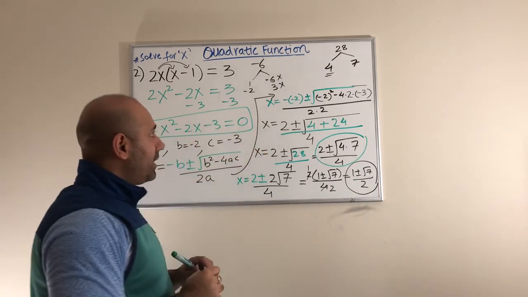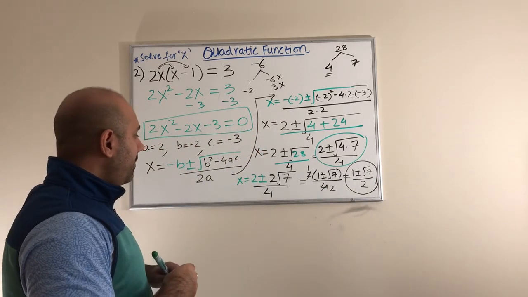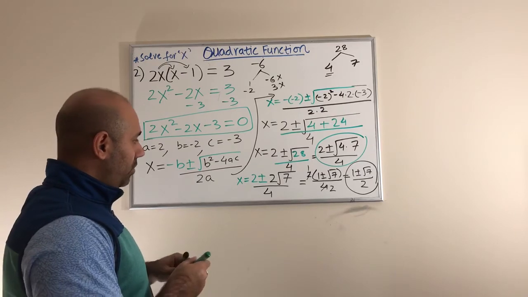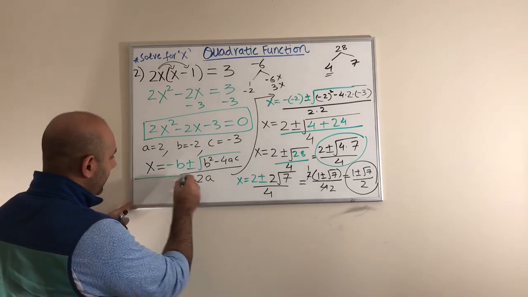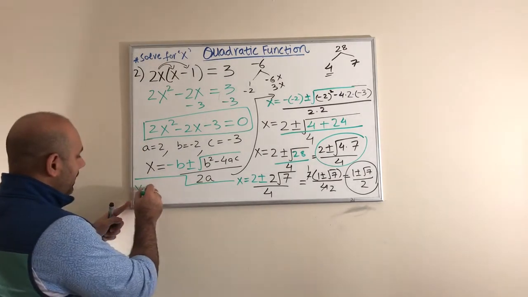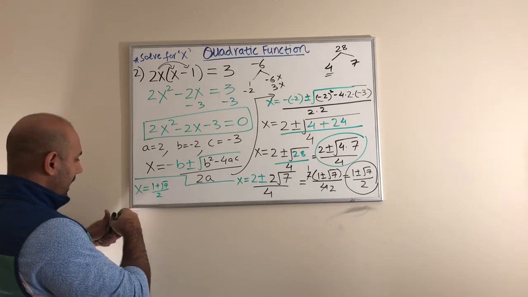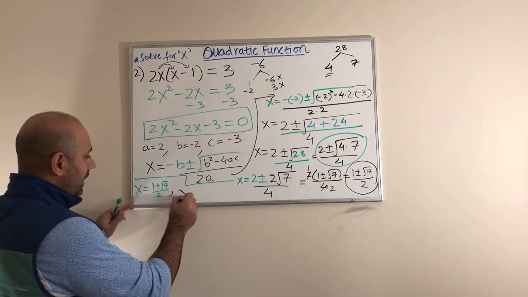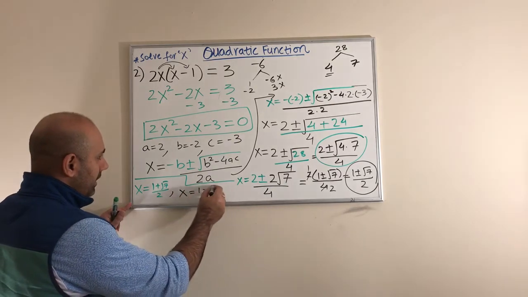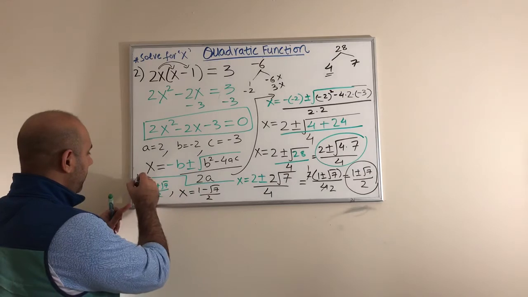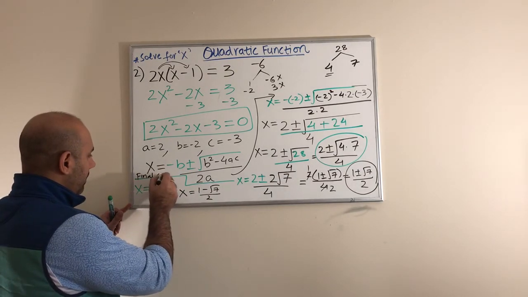You can leave the final answer like that, or if you want to write it out as two solutions, then we can write this like x equals 1 plus radical 7 over 2, and then the other solution is x equals 1 minus radical 7 over 2. This is the final solution.